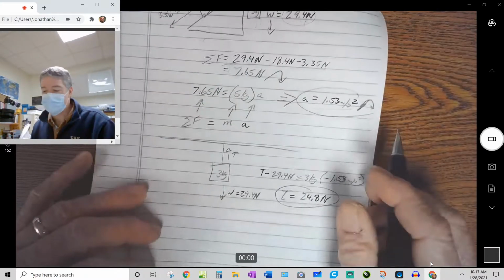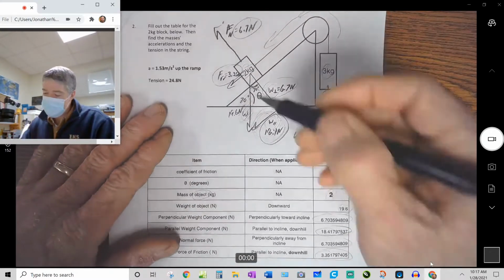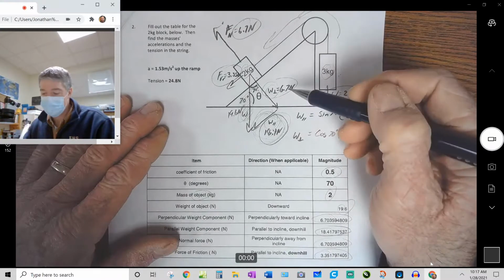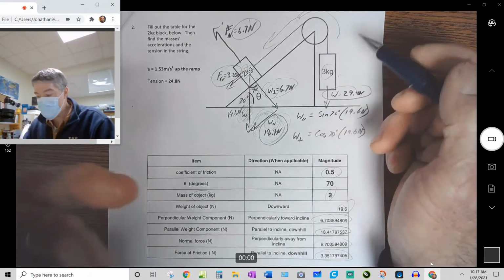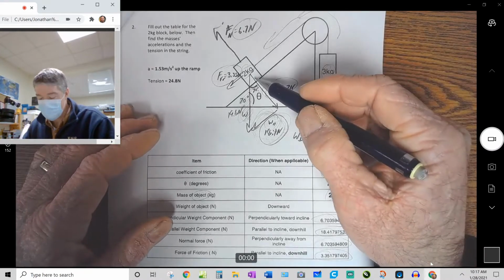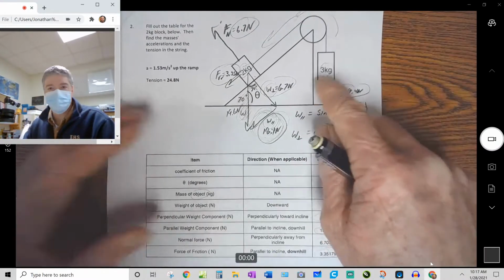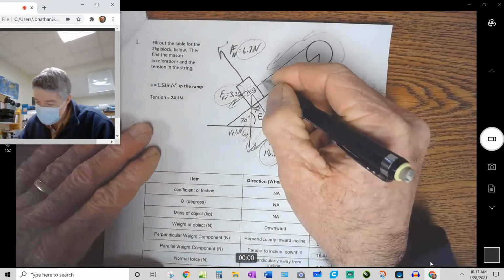And then finally, the question about tension. This block has 2 forces acting on it. Well, no. Yeah, I guess no, there'd be 3 non-canceling forces acting on it. So it's simpler to focus on that one for tension. By the way, let me draw the tensions in here.